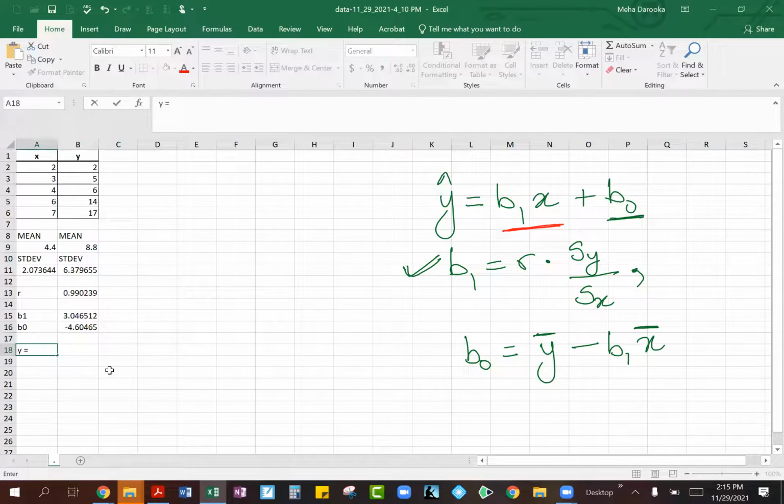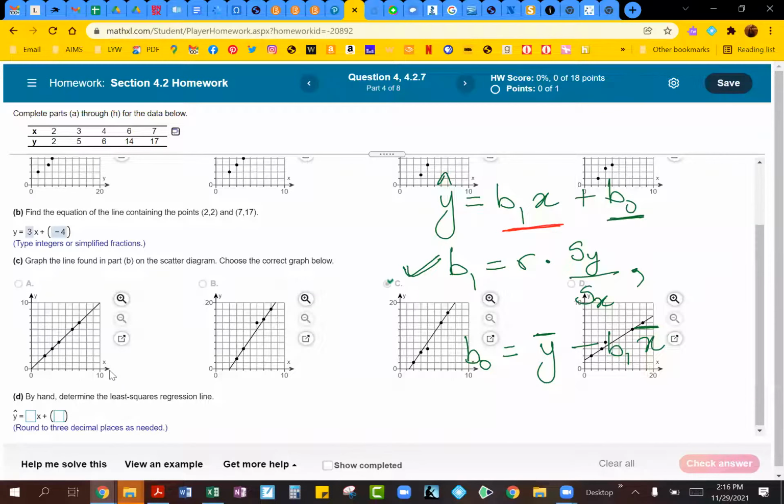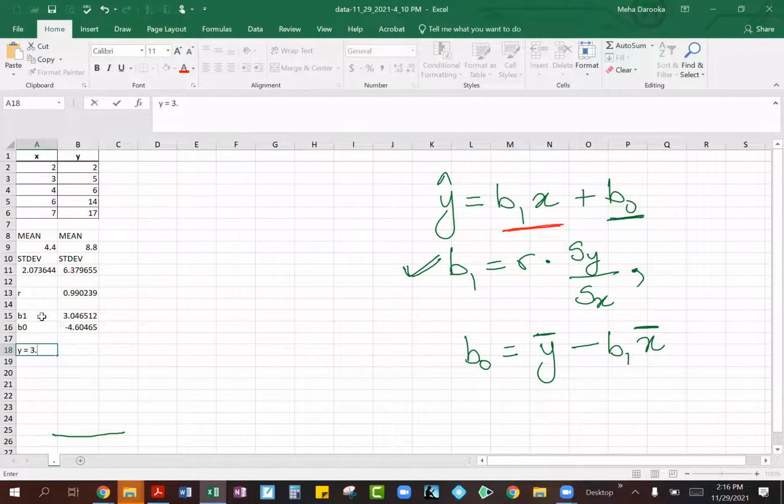Y equals, and I believe they want us to round this to 3 decimal places. Yeah, you can see they want us to round these to 3 decimal places. So I was actually showing Mary how to do this. If this is something you are not familiar with, click on the cell that we just calculated for B1, and you will see right over here is where you can add or subtract decimals from your answers.